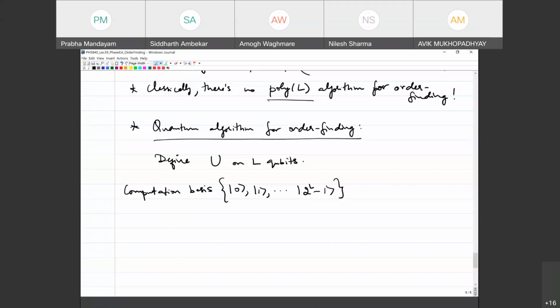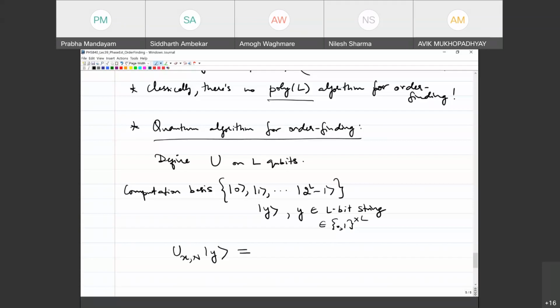So let me label this as ket y, where y is some L bit string. The computational basis states are labeled by L bit strings. So this u, which is defined with respect to both x and n, does the following.